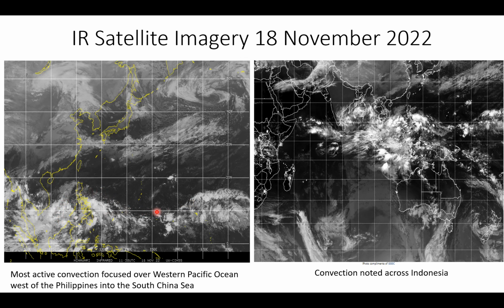The duller grayer colors indicate lower clouds and warmer temperatures in general. And so what we've got going on today, the 18th of November, we do see some increased areas of convection or enhanced rainfall, generally just to the east of the Philippines, and then also into the South China Sea, to the west of the Philippines. We see a lot of increased cloudiness here in this area of the Western Pacific.